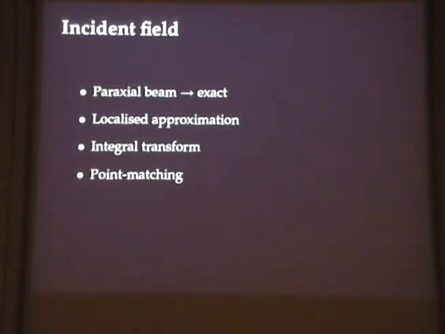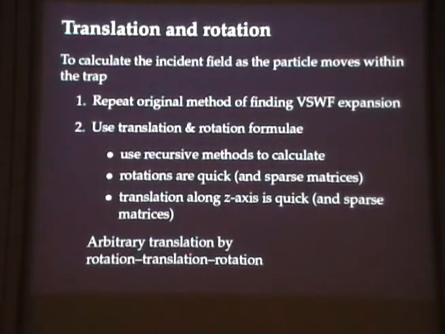Localized approximation is the fastest method. We've got other basically integral transform methods we can use. The important thing is it's possible to do. You can choose which is the best method.